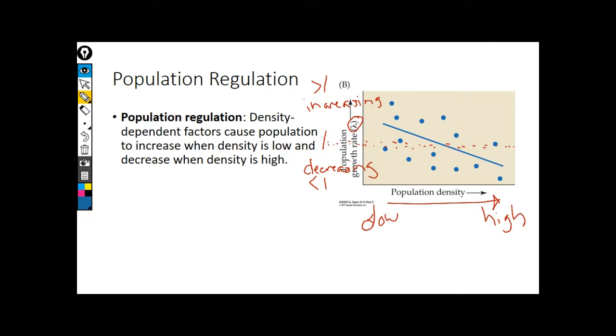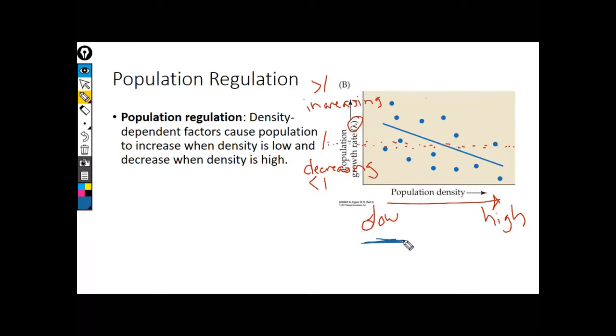If I have low population density, what's going on? Where's the bulk of my points and the point of my line? Above my one line, right?